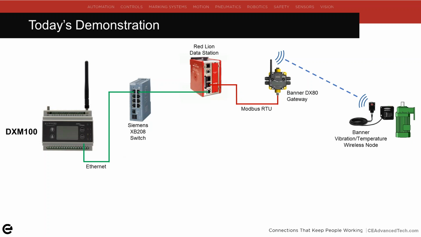Now, to touch on that, the wireless is secure, for a variety of reasons. For one, 900 or even 2.4, it's not going to be read by other devices. This is proprietary. When we're dealing with wireless communication, it uses something called frequency hopping spread spectrum. So it's a pseudo-random hop table. What that means is, if I'm looking at this DX80 and it's talking to this node, and if this were 900 megahertz, it'd be a spread spectrum between 900 and roughly 925.